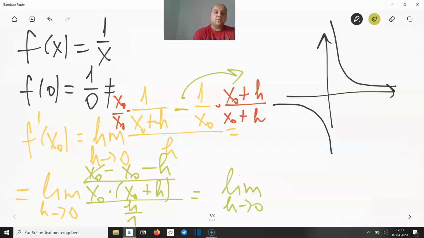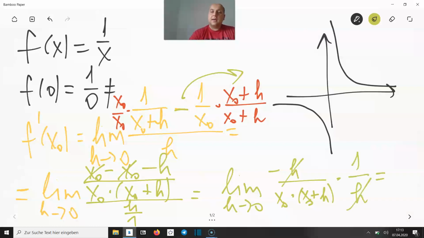Now you see those two are gone. We have minus h divided over x0 times x0 plus h, times 1 divided by h. We can cancel those two. And as the result, we have the limit as h goes towards 0 of minus 1 divided over x0 times x0 plus h.